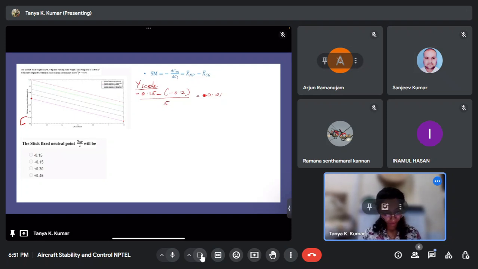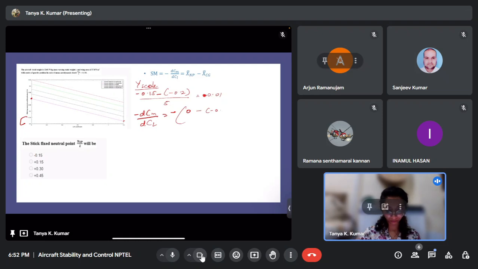Alright, so I need to find out minus dCm by dCl. So Cm2 minus Cm1 by Cl2 minus Cl1. There is a minus sign, so put that there. Cm2 is 0, minus of, it's at this point, so just calculate it using the y scale.